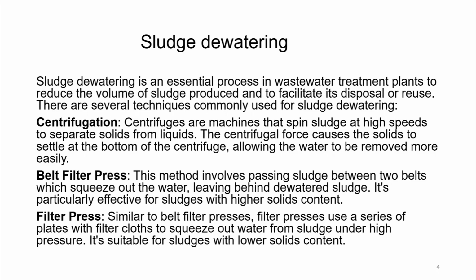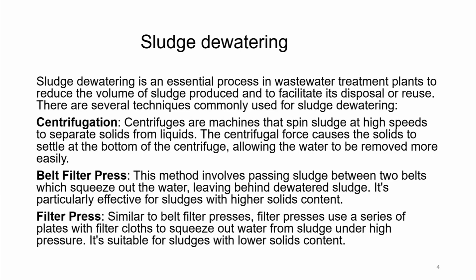Belt filter press. This method involves passing sludge between two belts which squeeze out the water, leaving behind dewatered sludge. It's particularly effective for sludges which have high solid content. Filter press.